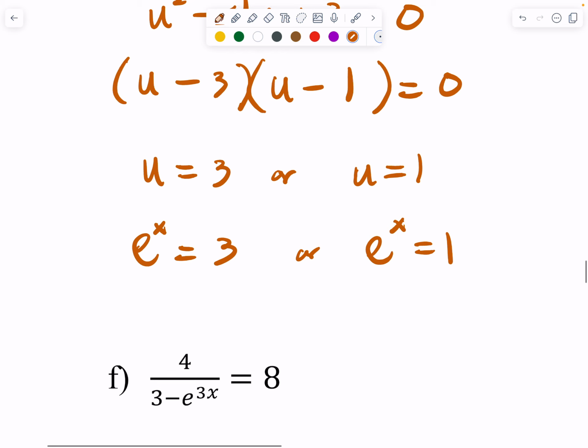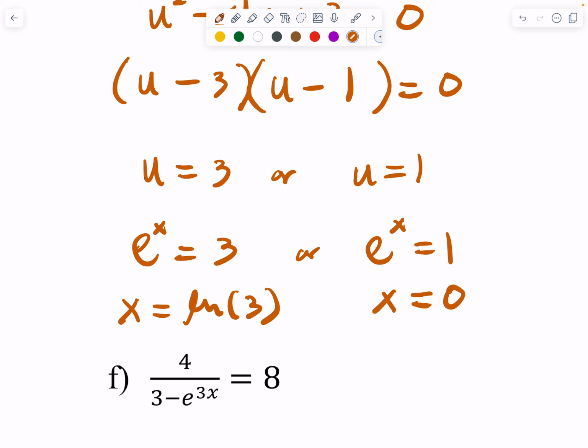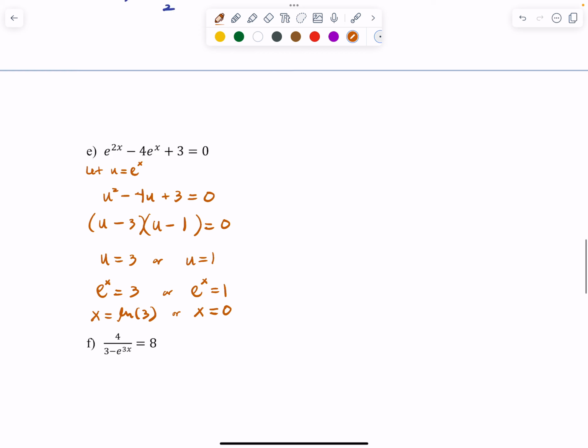The left equation here, e to the x equals 3, rewriting that as x equals natural log of 3, either taking natural log of each side of the equation or rewriting in log form. And this equation over here, you can either think about taking the natural log of each side of the equation or rewriting as x equals ln of 1, but you need to remember log base anything of 1 is 0. This can also be solved by inspection. Just looking and going, hey, x would have to be equal to 0.